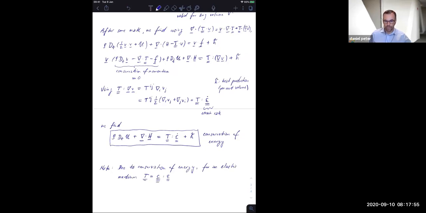You see that stress relates to strain linearly by the elastic tensor.